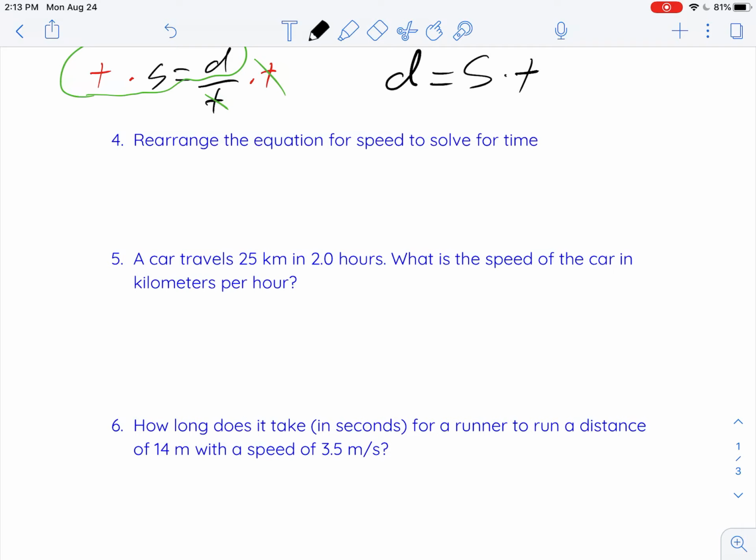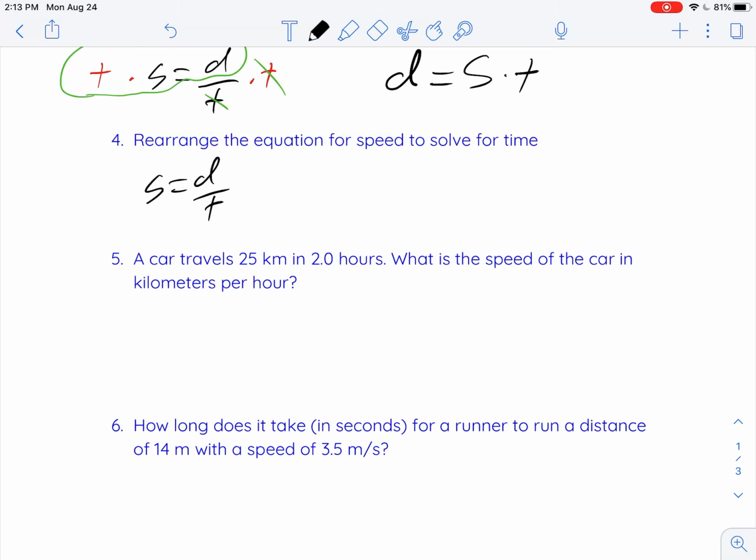All right. Number 4, it says rearrange the equation for speed to solve for time. Okay, now I can use the distance is equal to speed times time, but just so you can see it, I'm going to do all the algebra starting from speed is equal to distance divided by time, just so you can see that this time variable is in the denominator. So factoring out the distance variable just by itself is not going to be enough. It's just going to leave us with 1 over time. So I don't really want to deal with that.